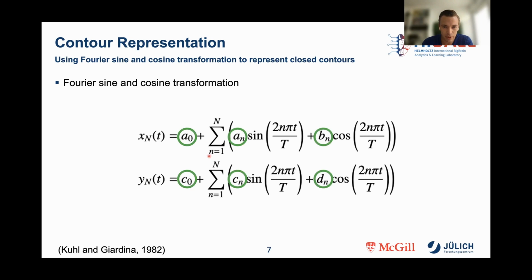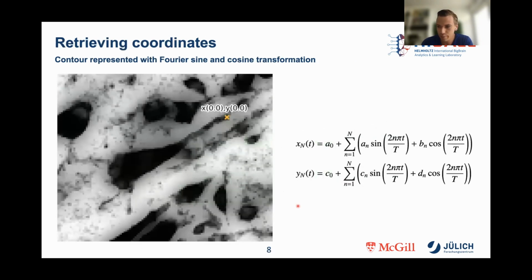So deep learning allows us to predict those parameters, and the function then allows us to sample the actual coordinates. What's nice about this is that only a few parameters are needed to get a lot of actual contour coordinates. And it's always better to see things if you want to understand things.